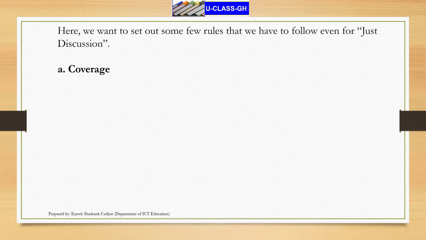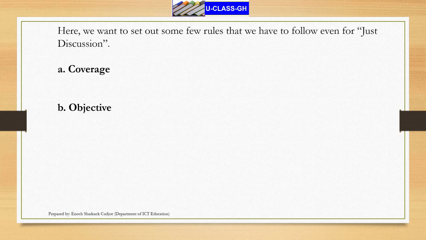The next thing is objective. The discussion you are doing, what is your objective? What are you expecting from your students? You need to be able to determine the level of thinking or the instructional objective that you are aiming for, whether recall, analysis, even critiquing.